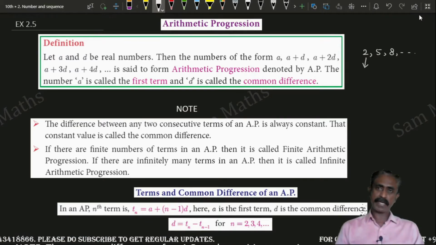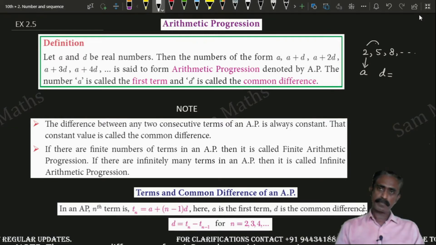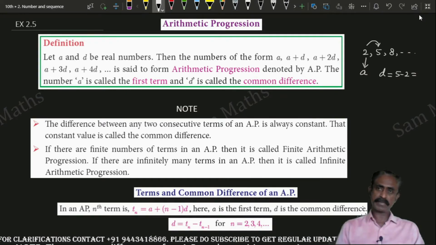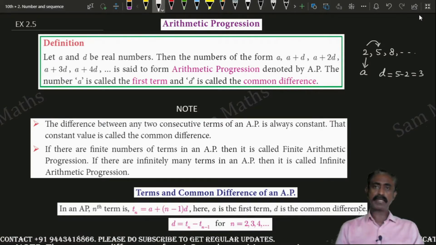This is known as A. Then the common difference is nothing but what we added to obtain the second term from the first term. It's 3. How can we obtain this? This is 5 minus 2, which is 3. That's all. So in that way we can find the common difference.